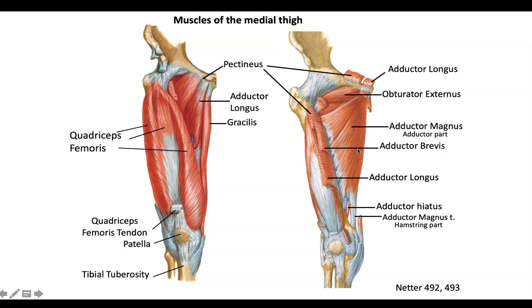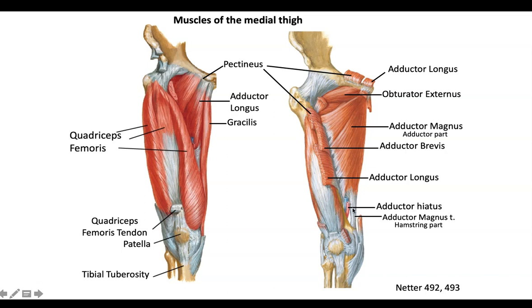And the adductor magnus also has a tendinous part. It forms a rounded tendon inferiorly, and this tendinous part is attached inferiorly into the adductor tubercle. Adductor tubercle is a bony prominence. It lies superior to the medial epicondyle of the femur.